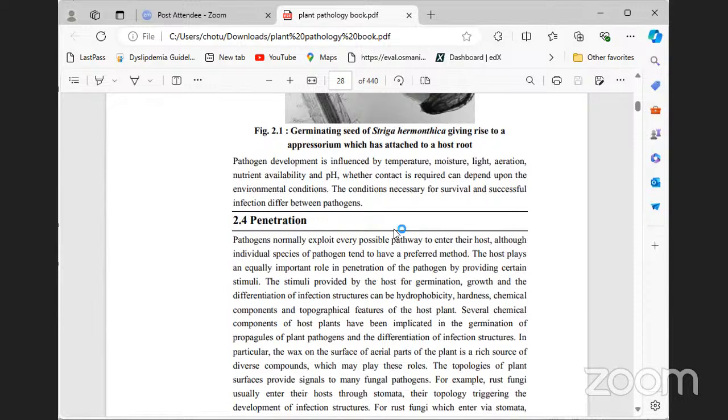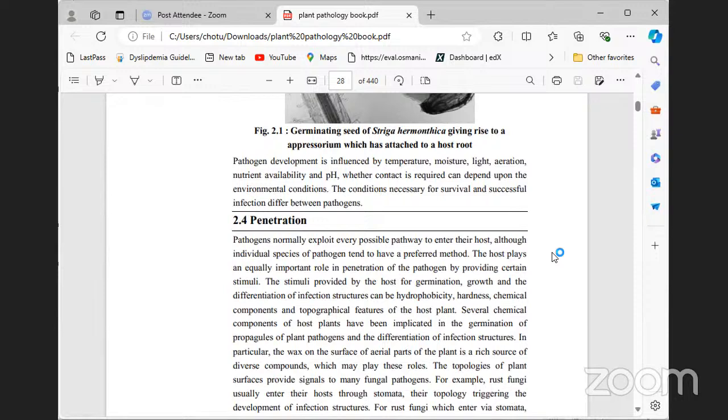The second one is the penetration. Pathogens normally exploit every possible pathway to enter their host, although individual species tend to prefer a mix of methods.